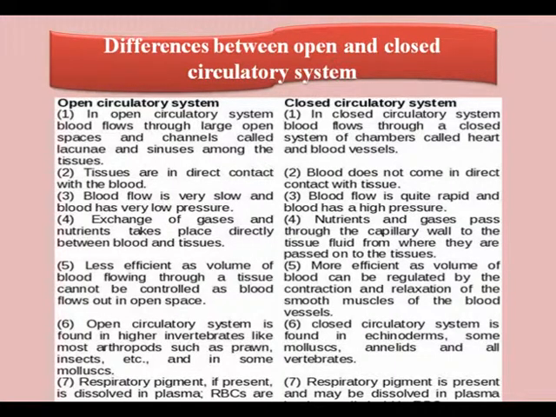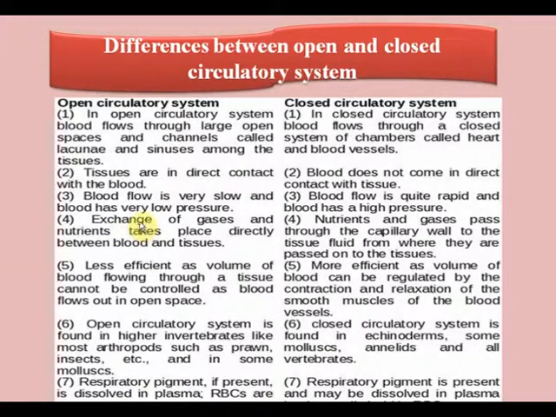Here, tissues are in direct contact with the blood, but in closed circulatory system, blood does not come in direct contact with tissues because blood circulates in veins and in arteries. Next, blood flow is very slow and blood has very low pressure. But in closed circulatory system, blood flow is quite rapid and blood has a high pressure.